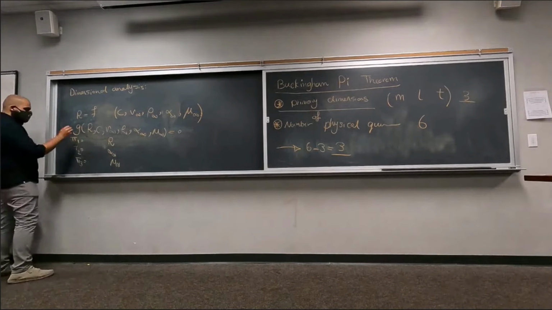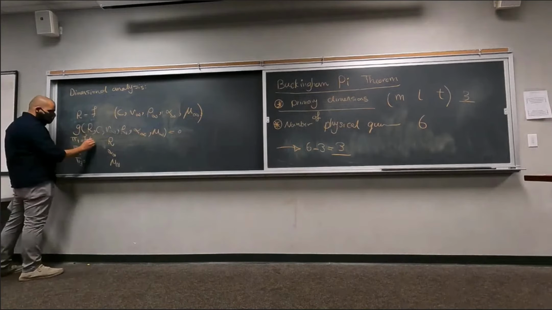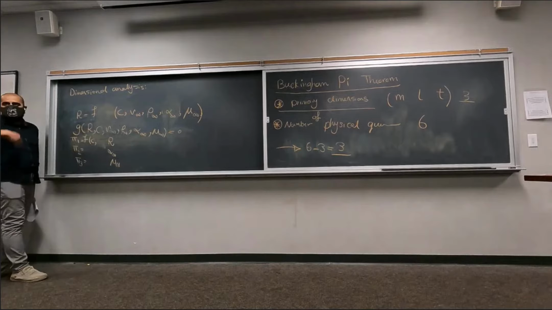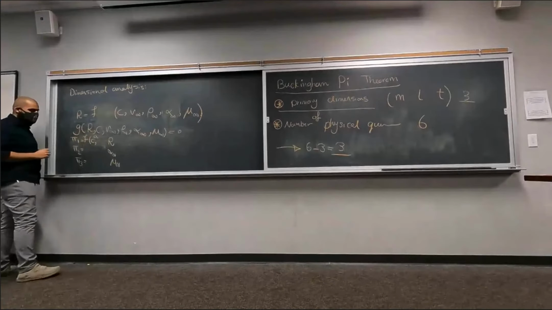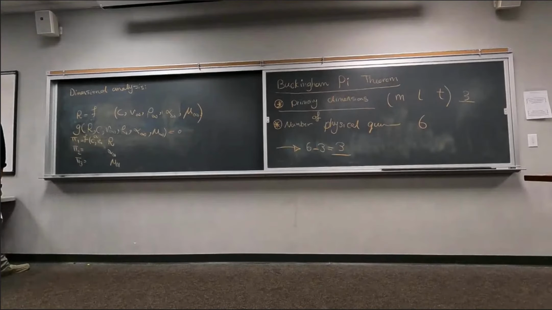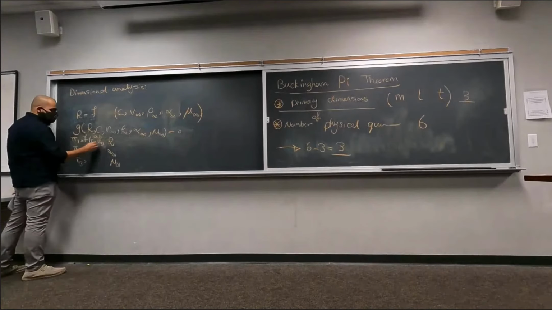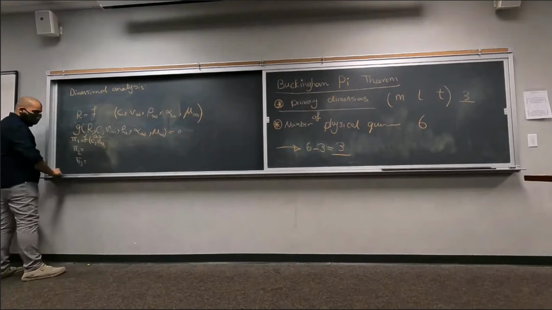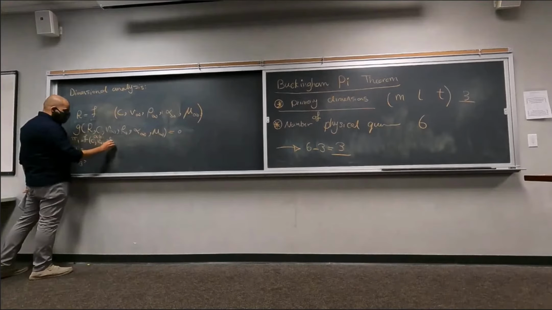So your pi 1 is definitely a function of your c, but we don't know the power. It can be c squared, c cubed, c whatever. So c to the power a. Okay. V infinity, again, we don't know the power for that. V infinity to the power b. And rho infinity to the power c.